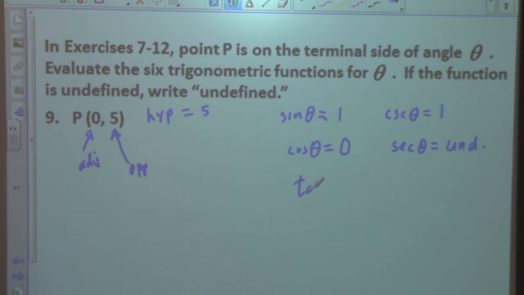Your tangent is going to be your opposite over adjacent, or undefined, and your cotangent theta is going to be adjacent over opposite, which is 0. So that's a review of what we talked about with Elizabeth yesterday. Is everybody okay with that? Okay, let's go on to number 10.